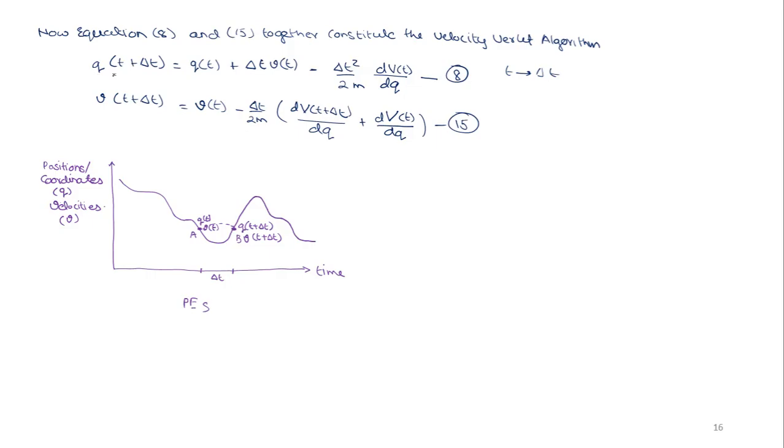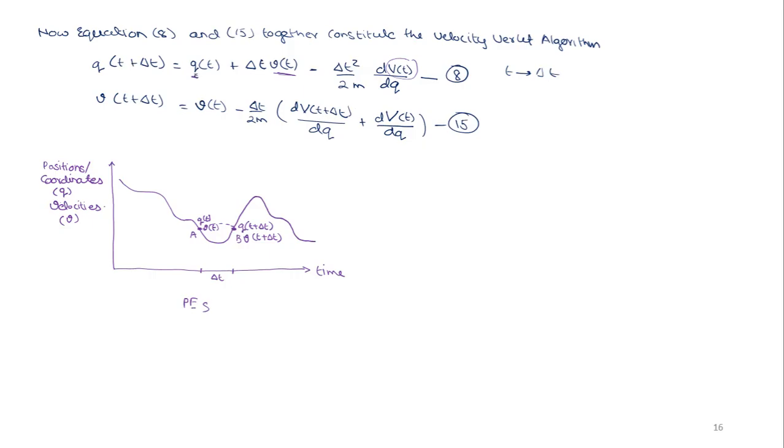Using this equation 8, one is able to find the new position of atoms at time step t plus delta t if one knows the coordinate of the previous time step, the velocity of the previous time step, and the energy gradient of the previous time step.